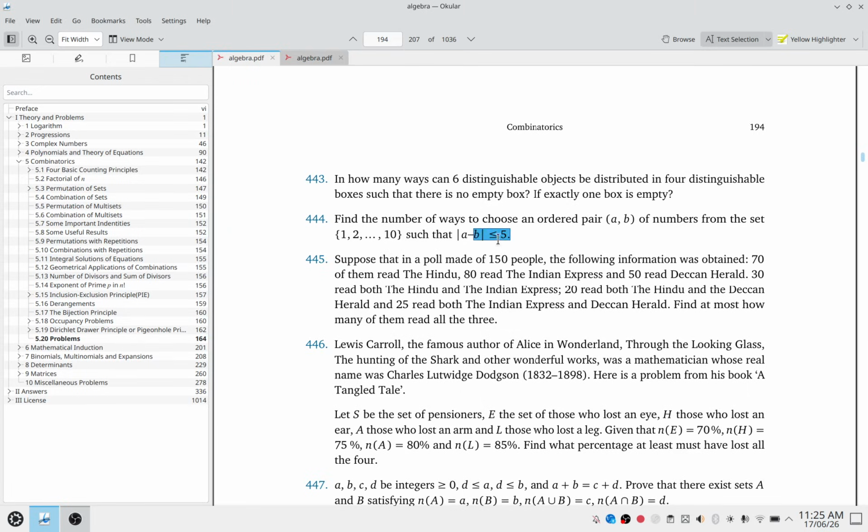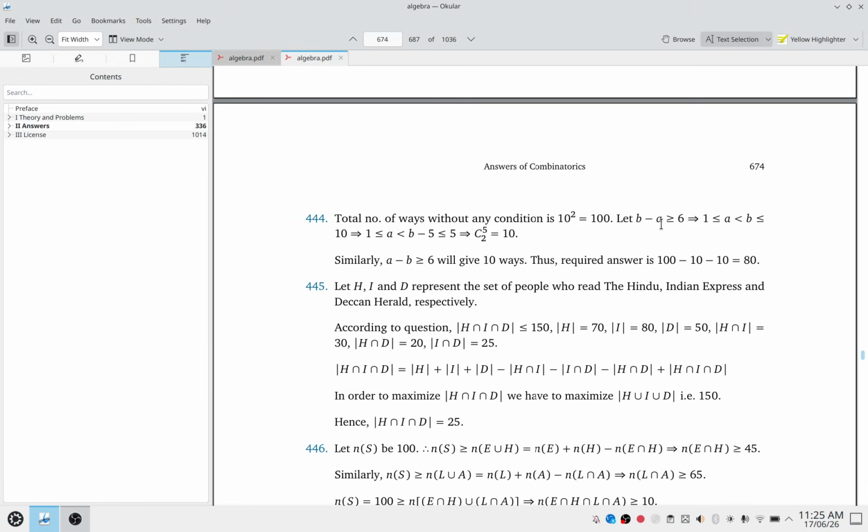We are given less than 6, so we take the opposite condition, b minus a greater than or equal to 6. If a is greater than or equal to 1, then b is less than or equal to 10. So this selection can be done in 5C2 ways, that is 10 ways.